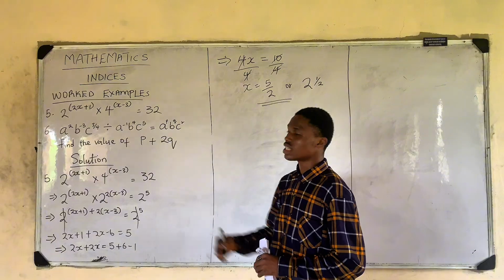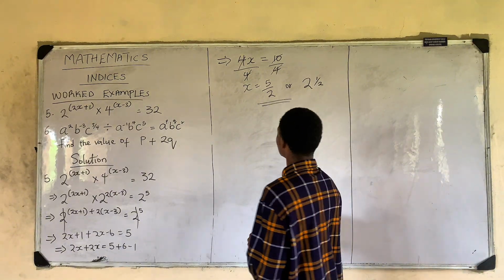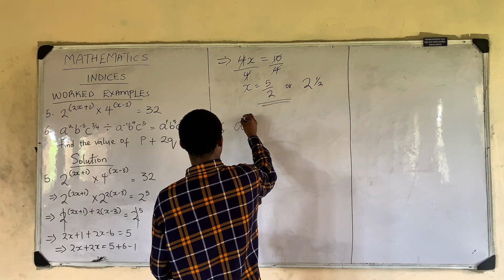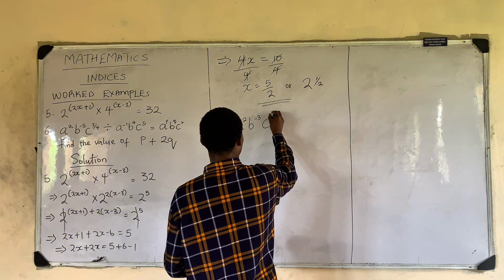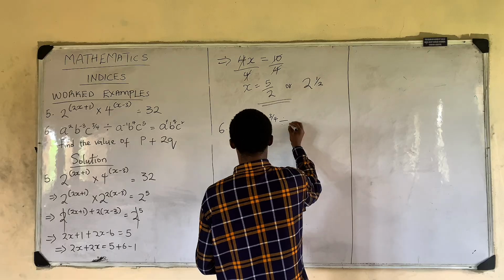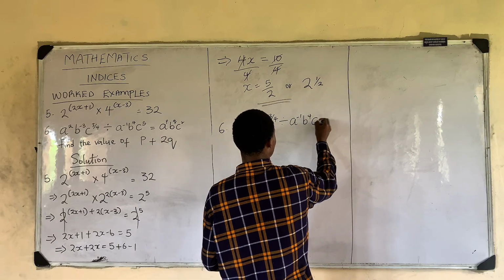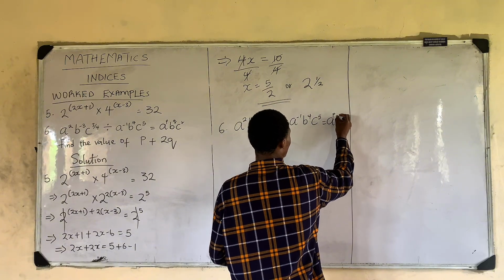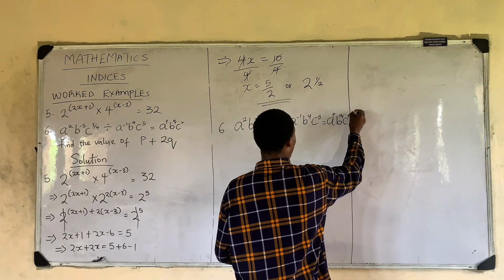Alright, now let's go to the last question we have here. The last question we have is question number C. So we have A raised to power 2, B minus 3, C 3 over 4 divided by A minus 1, B 4, C 5 equal to A^P, B^Q, and C^R.